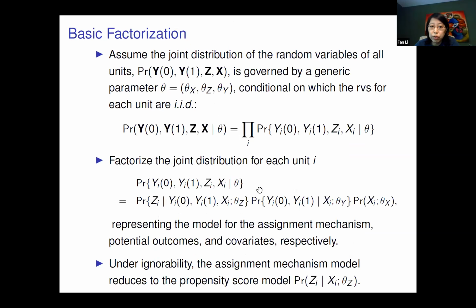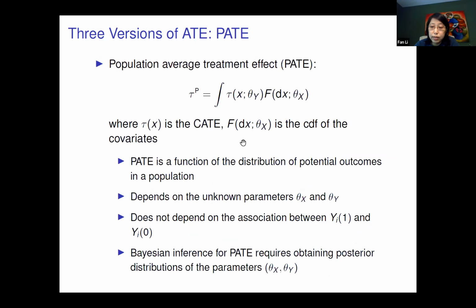That's a major difference between PATE and SATE when we do calculation. So Bayesian inference for PATE is easier: as long as we obtain the posterior distribution of the two parameters, theta y and theta x, we can proceed. We don't need to physically impute the missing potential outcomes.